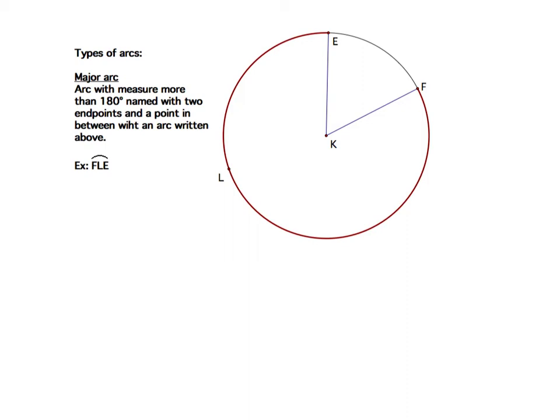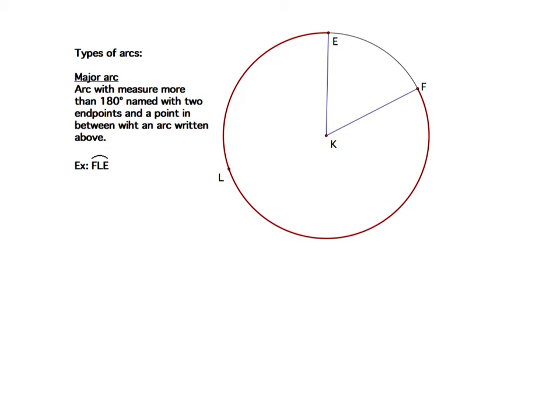When we looked at minor arcs, we had just arc FE, just between F and E. But now I put this L in the middle to tell the reader that you've got to go from F to L to E. And so the rule for arcs is always go the short distance between the 2 points if you can.